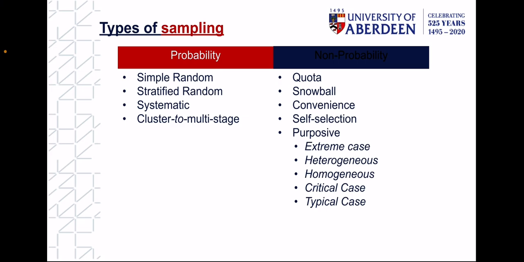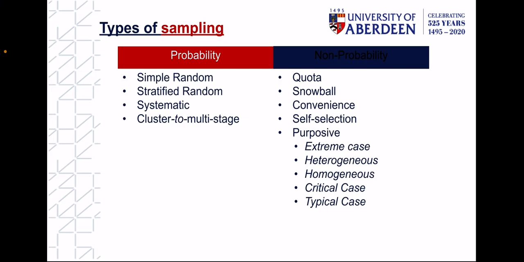On the other hand, non-probability sampling is a research sampling technique in which not all members of the population have an equal chance of participating in the study.